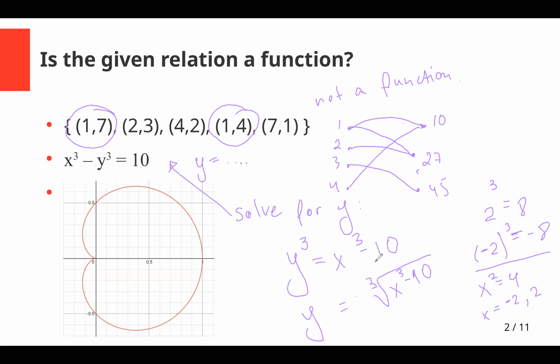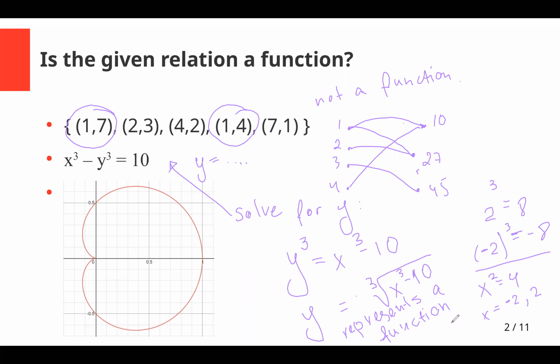There is only one way to interpret this expression. If x is 1, 1 minus 10, it's negative 9, cube root of negative 9, whatever it is, I cannot extract it, right? And so forth. So it represents a function, right? Okay, so for this one, yes.